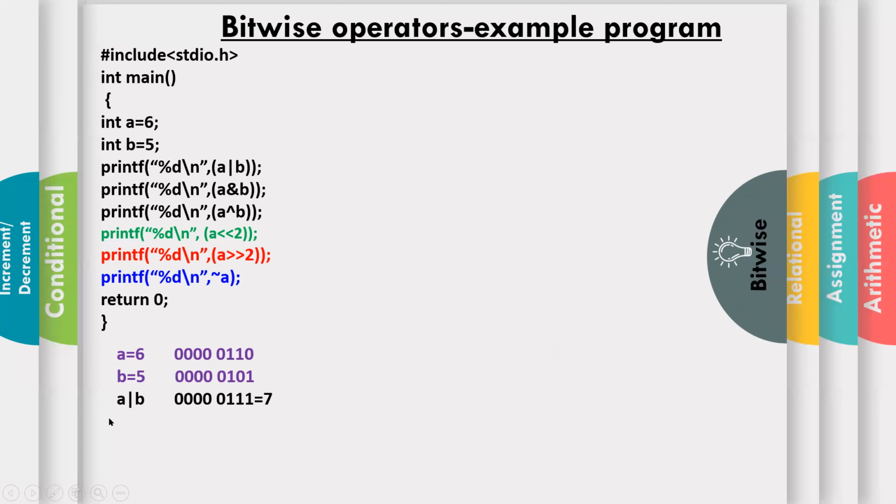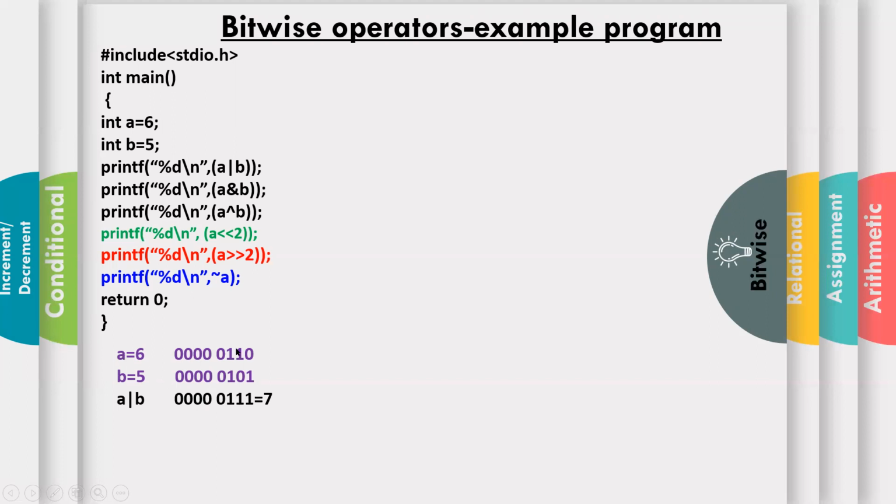Now, as I told you, what is A OR B? You consider this 0 and 1, apply 0 or 1, OR table. So that is 1. 1 or 0, 1. 1 or 1, 1. 0 or 0, 0. These are all zeros. And you got this value, triple 1. So you convert this triple 1 into decimal again.